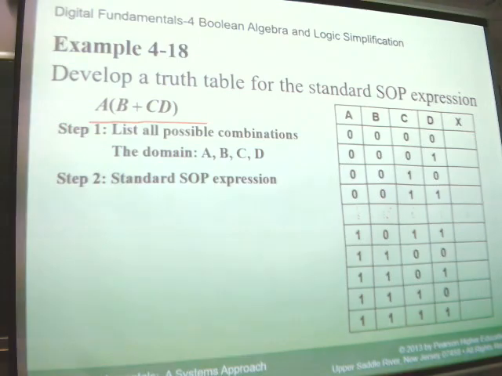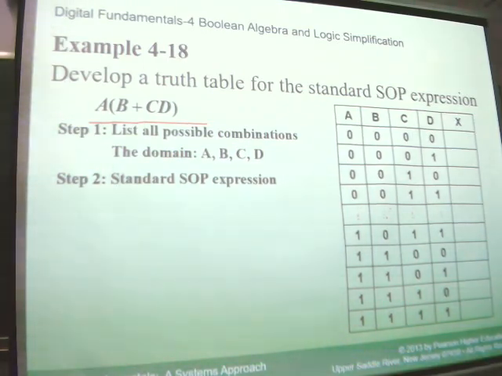So first, according to the distributive law, we know that this expression is equivalent to AB plus ACD, right? And then in this term, C and D are not included.